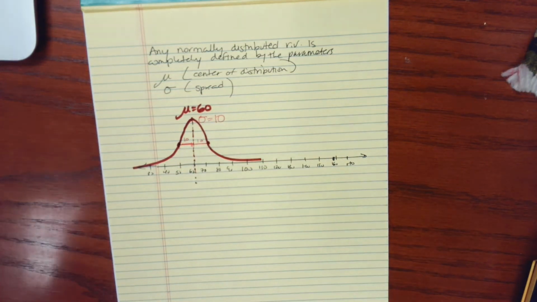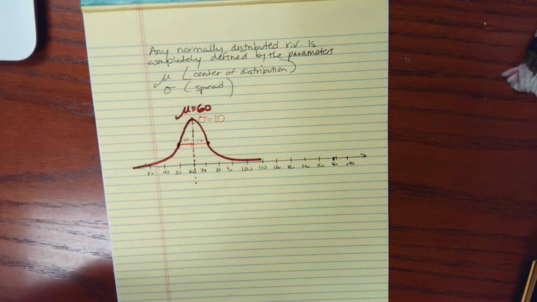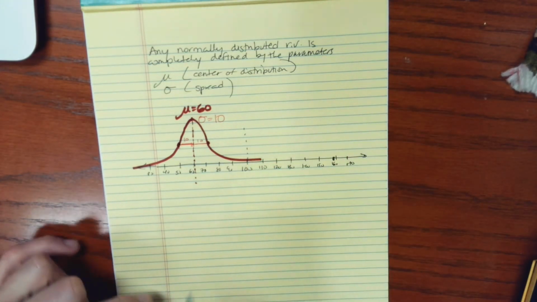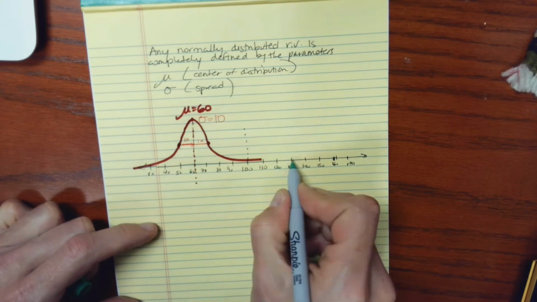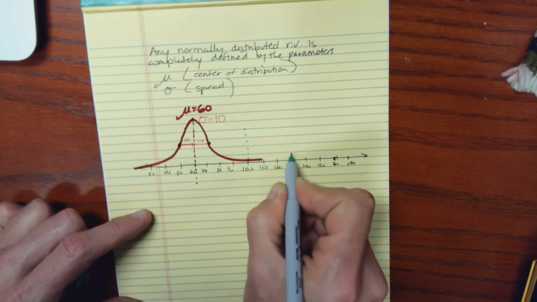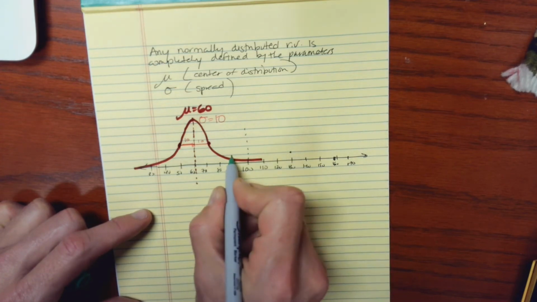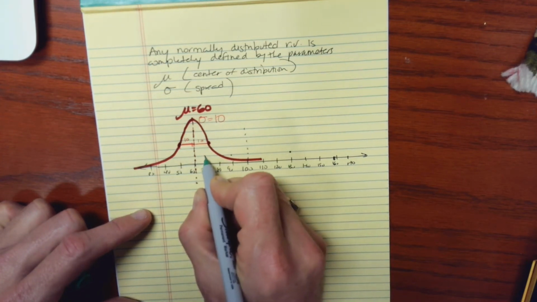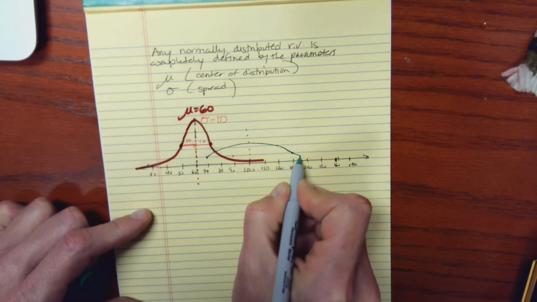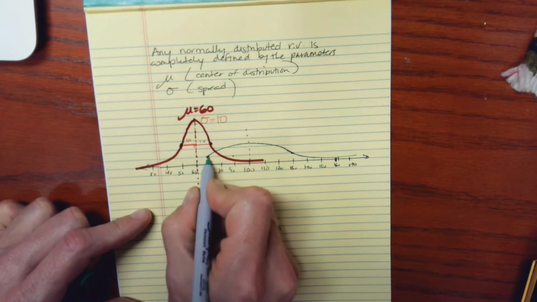All right. Now let's say I have another normal distribution, and this one's going to be centered at 100. And for this one, though, I'm going to have a standard deviation of 30. So I'm going to try to get up to here, 30, and I'm going to have a curve that goes like this.